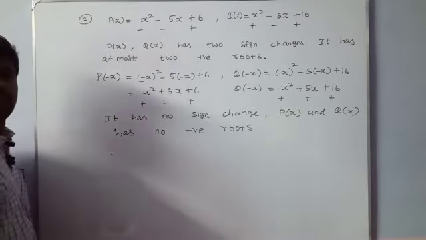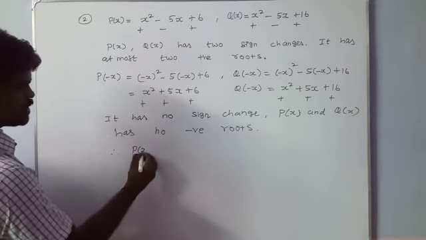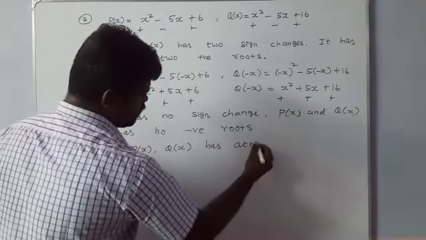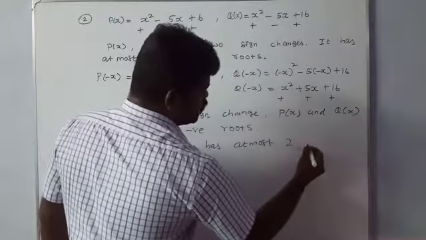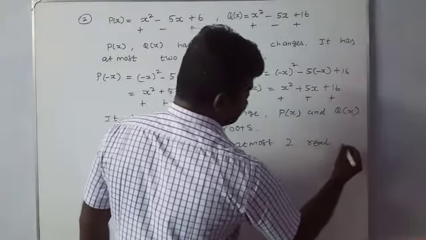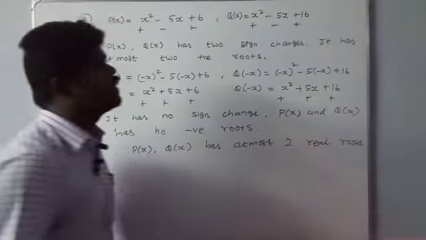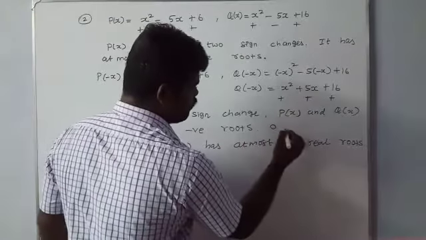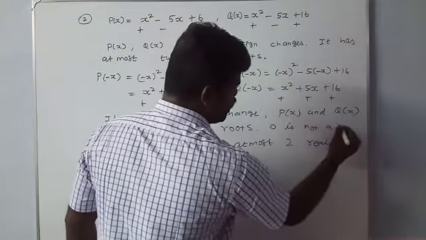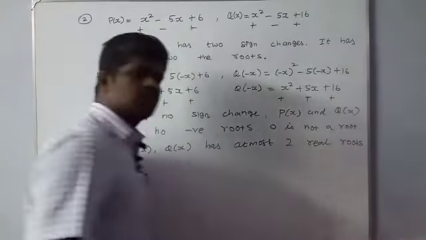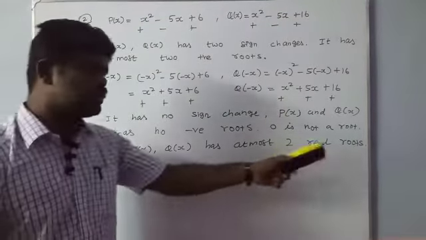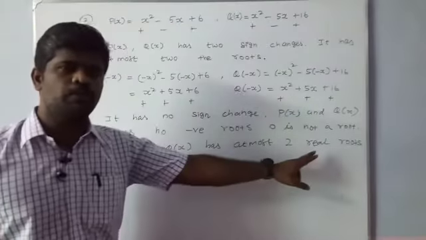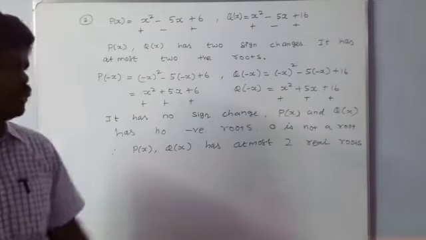Therefore the two equations p of x and q of x have at most two real roots. There is a constant term, so 0 is not a root. So there are at most two possible real roots. These two equations have at most two positive real roots. There is no negative root.